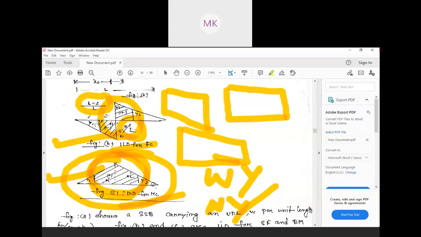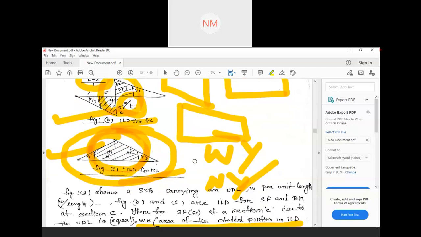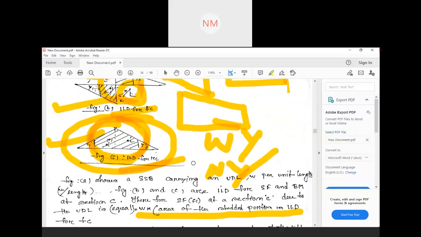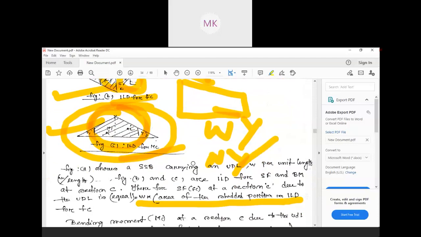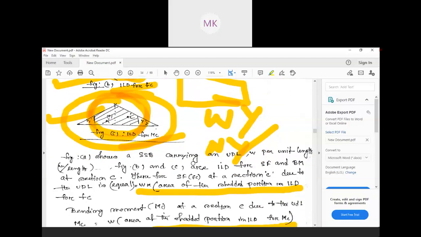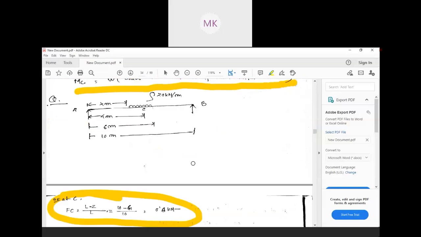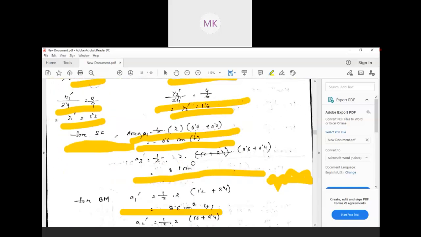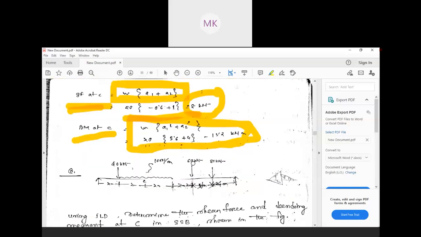Okay, you see, we will solve one numerical after some time. When we solve the numerical, you will understand. Just wait for that. I will explain there.